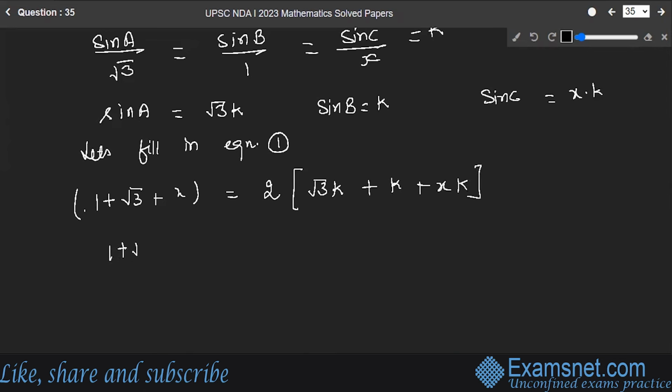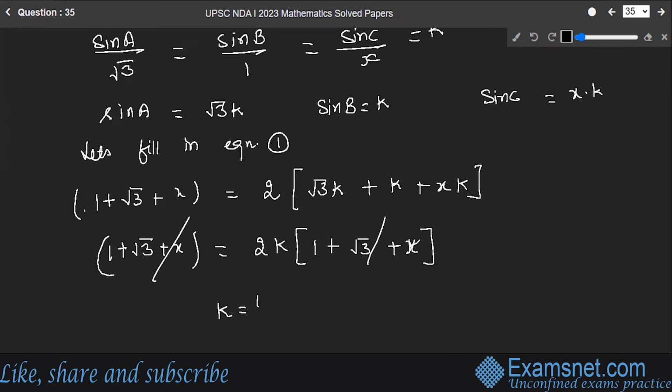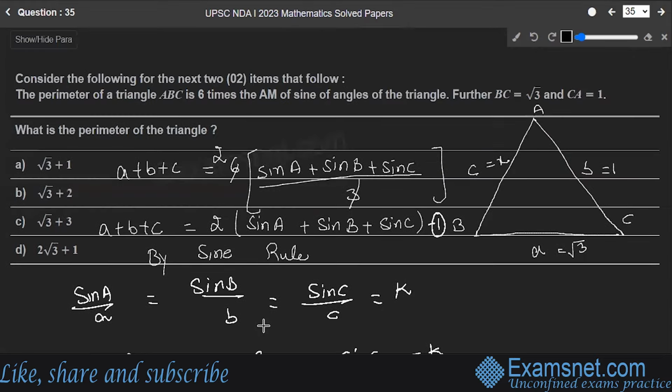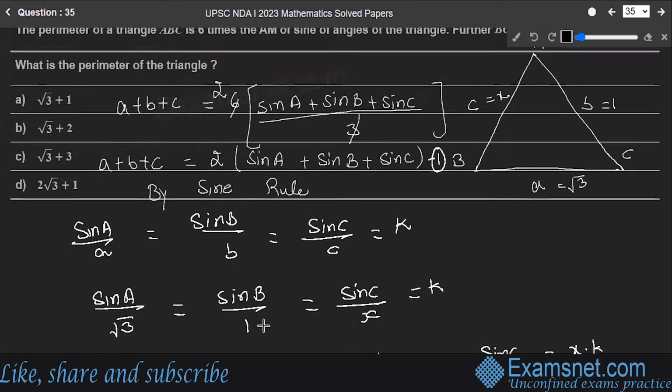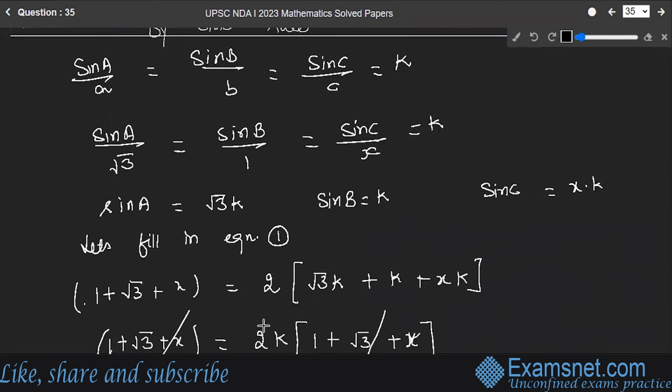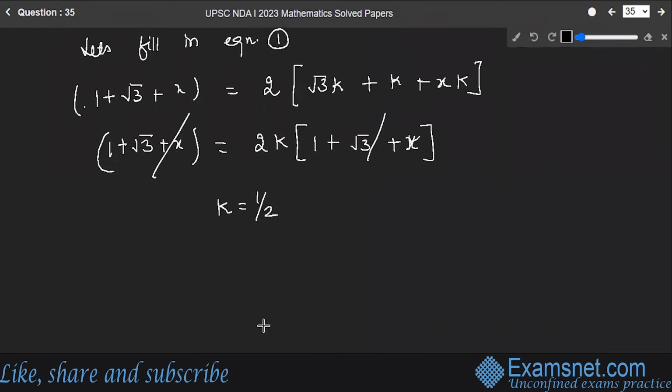So 1 + root 3 + x equals 2k(1 + root 3 + x). This will give you k equal to half. What we had to find out in the question is the perimeter of the triangle. For that, I need the three sides. I have a, I have b, but I don't know c. So let's find c. For that, I'll be using the Pythagoras theorem now.